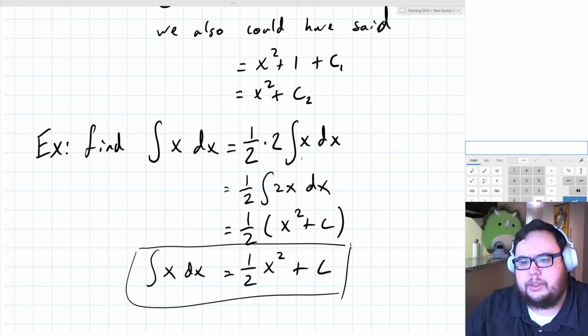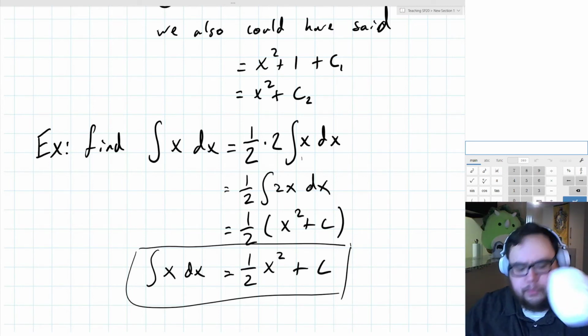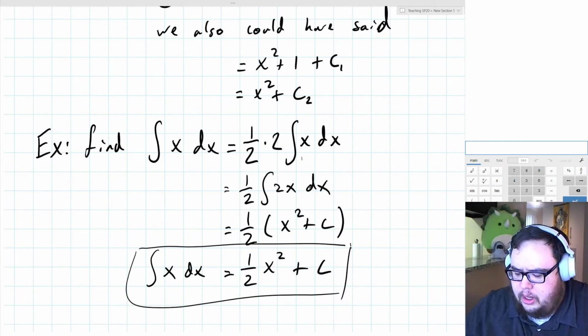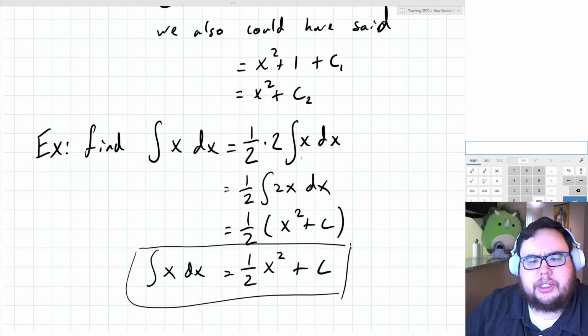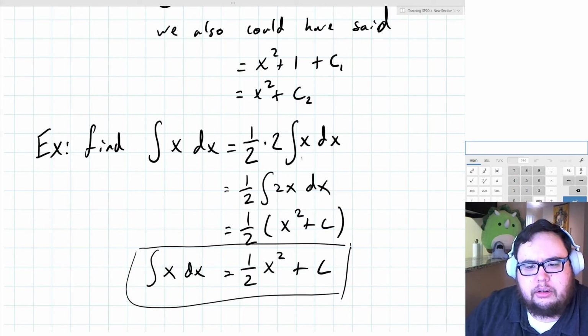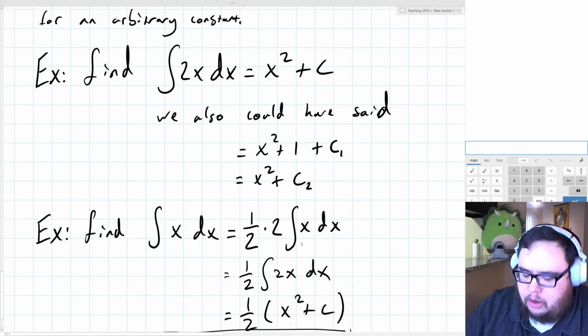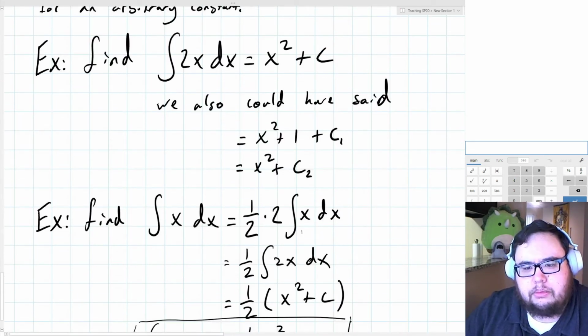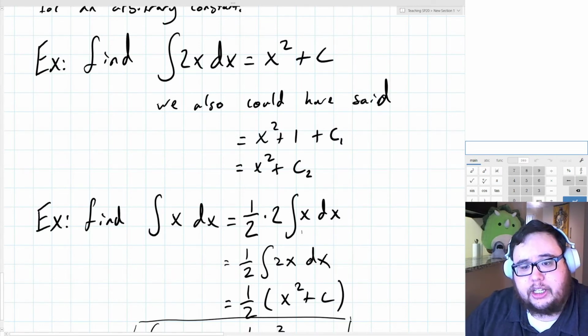Any questions about these two examples so far? Where did the 1/2 times 2 come from? So a half times 2 is equal to 1, right? It was just my way of using the problem we did before to solve this problem. I'm saying I want this to be the integral of 2x because I know what that is already.